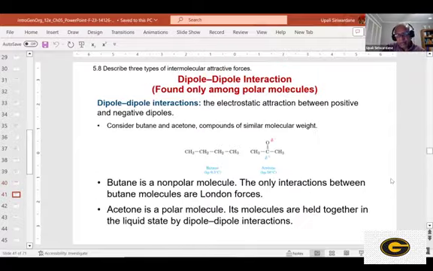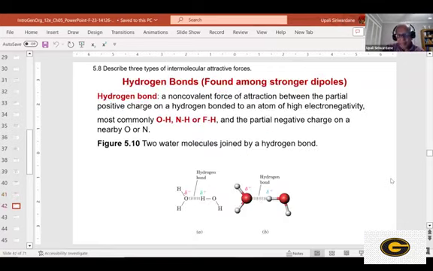Dipole-dipole attractions are present in molecules with permanent dipoles, like in acetone here. Water has O-H dipoles. They are very strong. Therefore, they are considered hydrogen bonds.